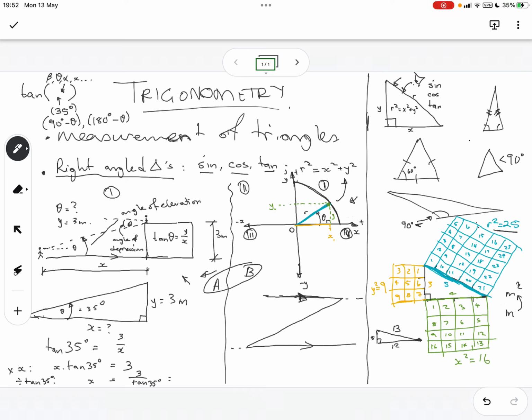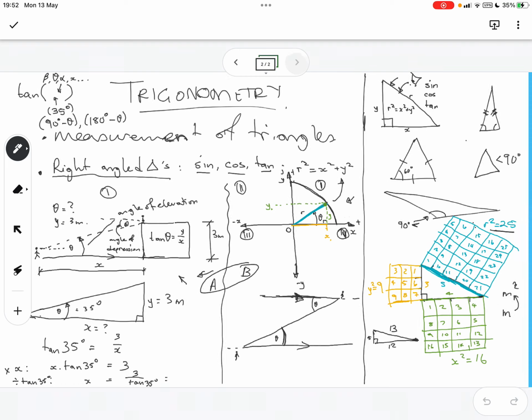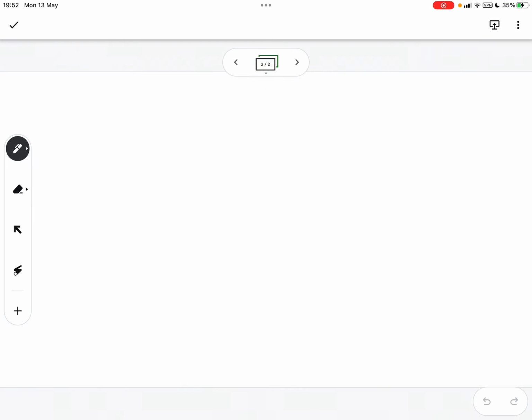These lines are parallel, horizontal. So if a person is standing there and they're looking at a height of a building, they form an angle of inclination or elevation, yes? But if they're standing at the top and they're looking down, they form an angle of depression. Alright, so that's the long and short of it.